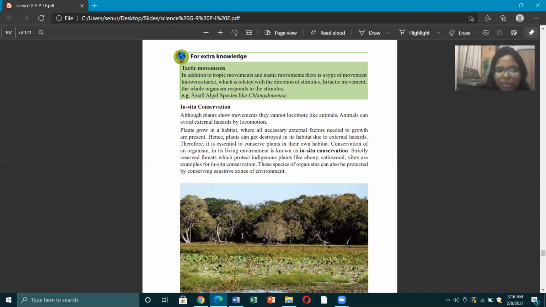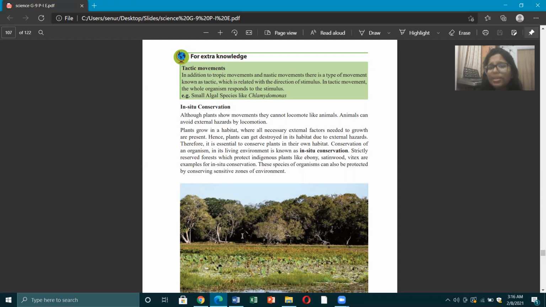But in situ conservation, children, they are being conserved in their own living environment. Right? Within reserved forests, indigenous plants like ebony, satinwood and vitex are conserved. Plants normally grow if the external factors match: if the soil has good moisture, humidity and nutrients, rich with nutrients, and there is water, plants grow.